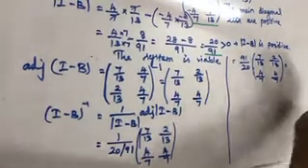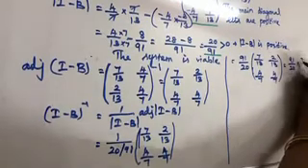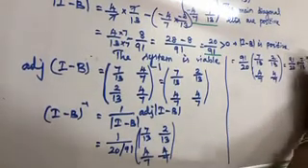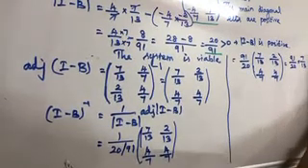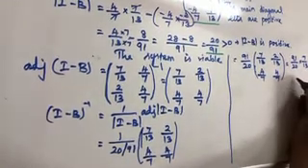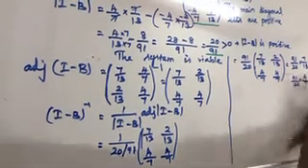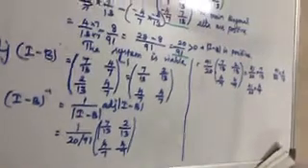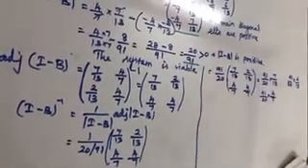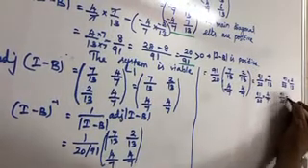So 91 by 20 into 7 by 13. Similarly, 91 by 20 into 2 by 13. Here 91 by 20 into 4 by 7, and 91 by 20 into again 4 by 7.